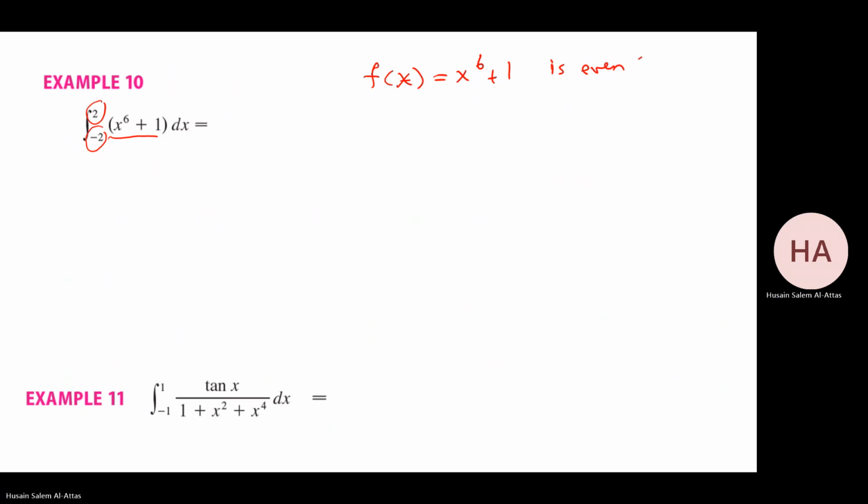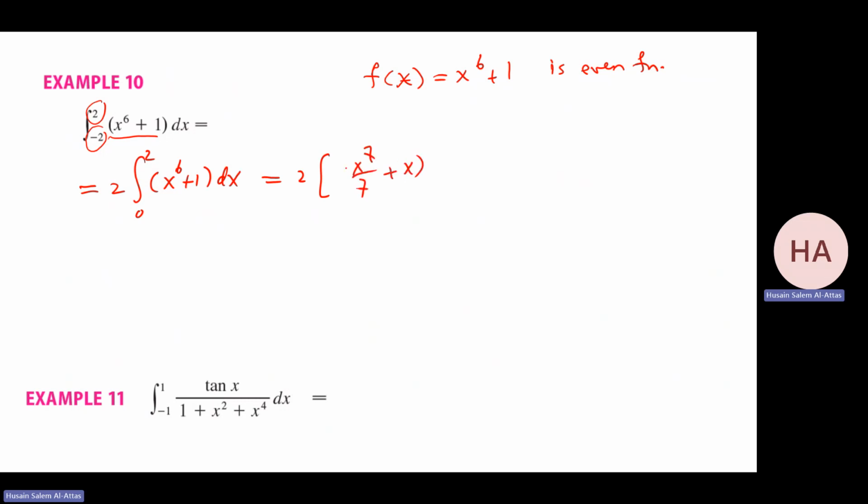Very clear. So I use the idea that it will be 2 times the integral from 0 to 2 of x to the power 6 plus 1 dx. I do the integration. That will be x to the power 7 over 7 plus x, from 0 to 2. Since I have this 0, that will make the calculation easier, instead of doing it for minus 2.